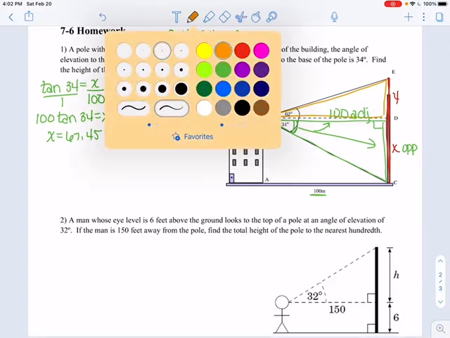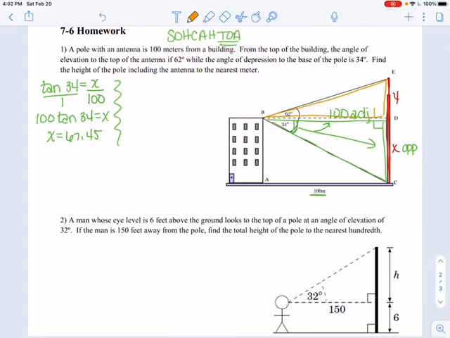I'll switch back to orange. Now I'm concentrating on that top orange triangle, and again, I want to find Y. This time my angle in question is that 62. With relation to 62, Y is the side opposite, and that 100 is still the side adjacent in that orange triangle as well, which means we're going to be using our tangent function again.